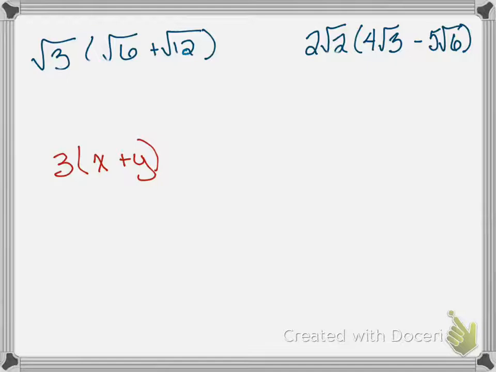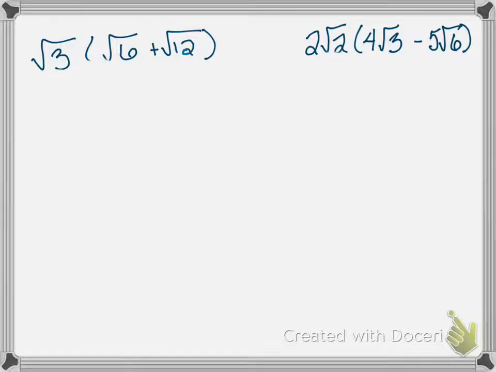So I've got 3 times x plus y. What would I do for 3 times x plus y? Distribute. So with square root of 3 times square root of 6 plus the square root of 12, I would just distribute. That's how I'm going to do that.